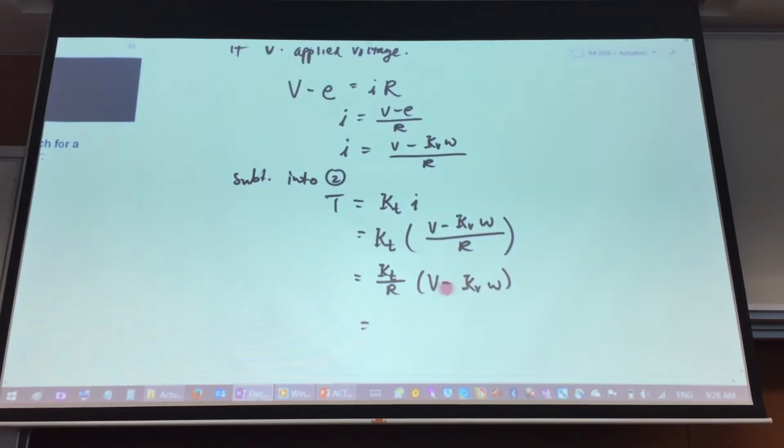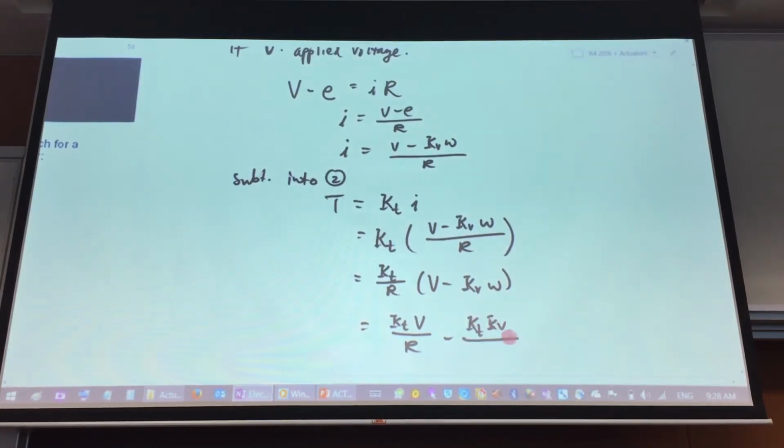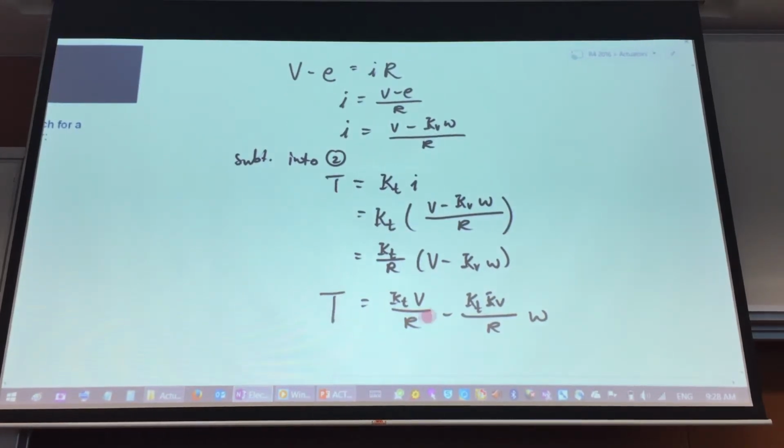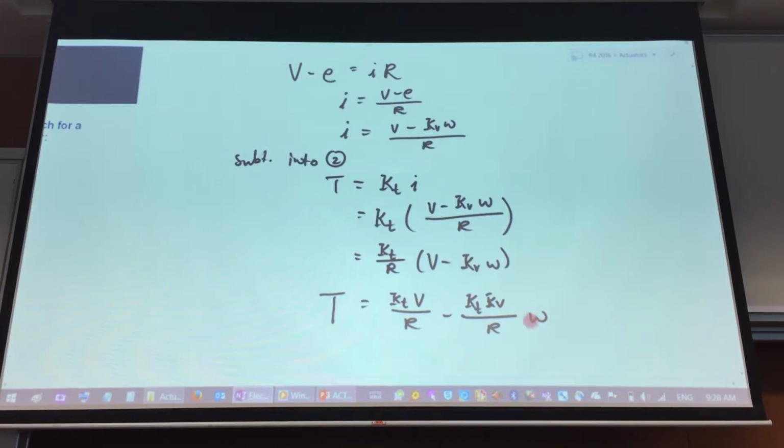And if I multiply term by term, KT V over R minus KT KV divided by R omega. So a torque expression that relates to the rotational speed.